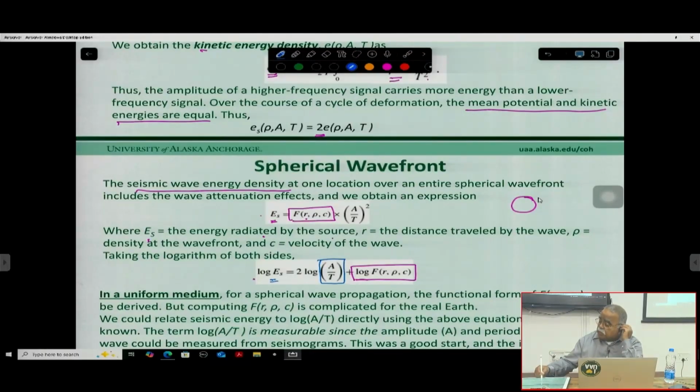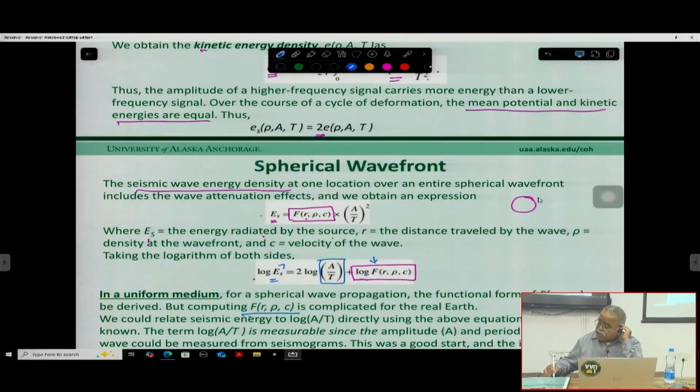Plus, there are some terms which we need to compute and use to calculate the ES, right? So we need to compute this function, and it's a complicated term because it depends upon the site location, the regional correction factor; these are all involved in that term.